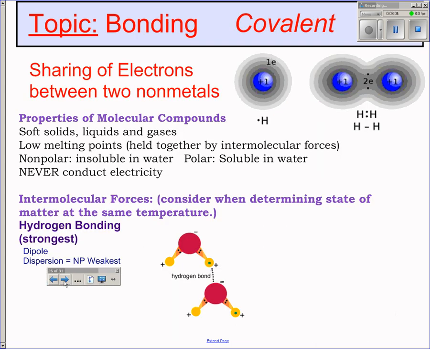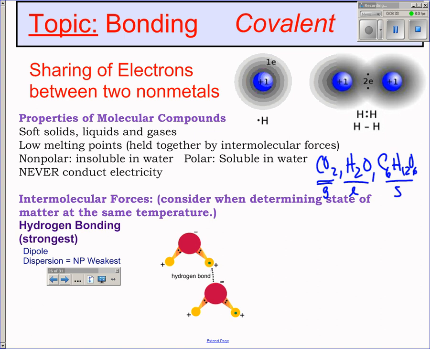Covalent compounds. Now, the hardest part about covalent compounds is understanding the difference between a bond and an intermolecular force. The examples I would use are carbon dioxide, water, and sugar. This is glucose, by the way, not sucrose. Realize that carbon dioxide is a gas at room temperature, water is a liquid, and sugar is a solid.